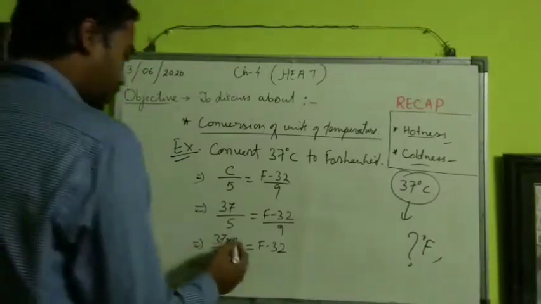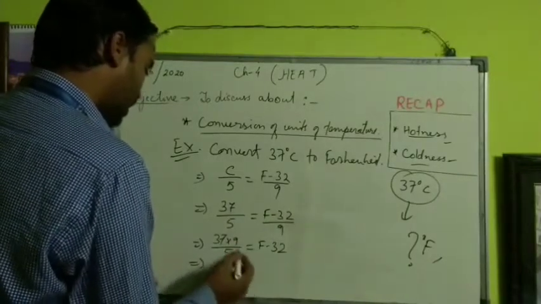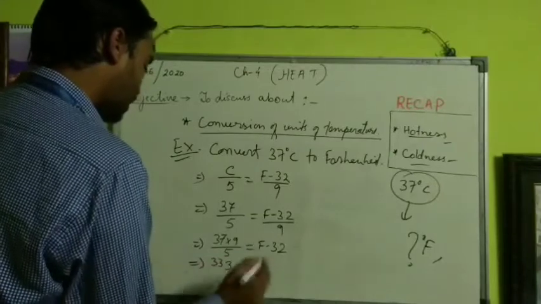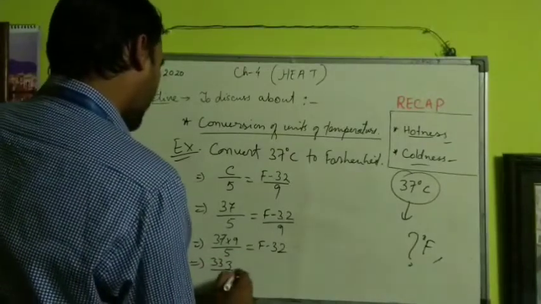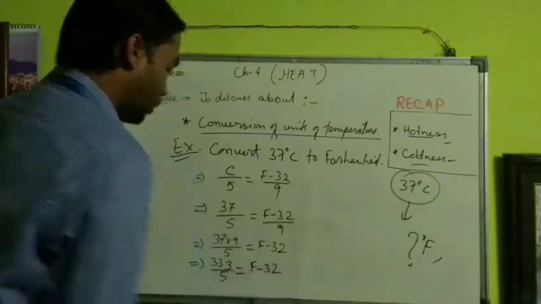Now what is 37 into 9? So let's find out. 9 7 is 63, carry 6, 9 3 is 27, and 6 becomes 33. So it is 333 divided by 5, and on the right hand side we are left with F minus 32.